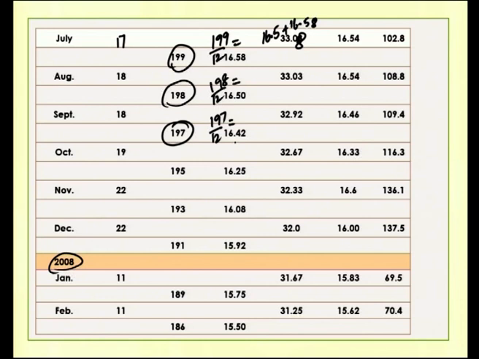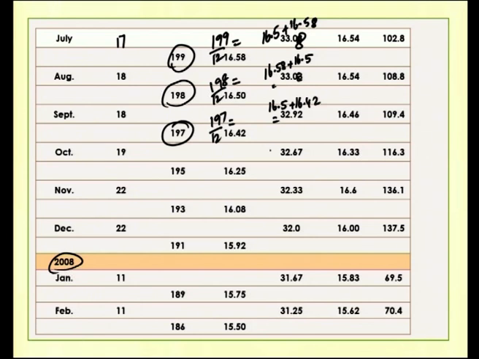Now, these particular values are not representing any month, so how to center them? Centering means we have to add 16.58 plus 16.5, which is again 33.08, and then here 16.5 plus 16.42 is 32.92.